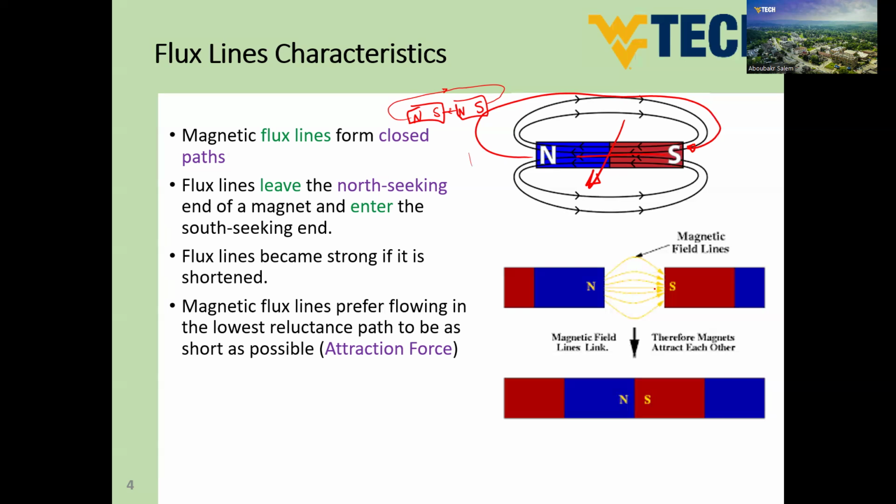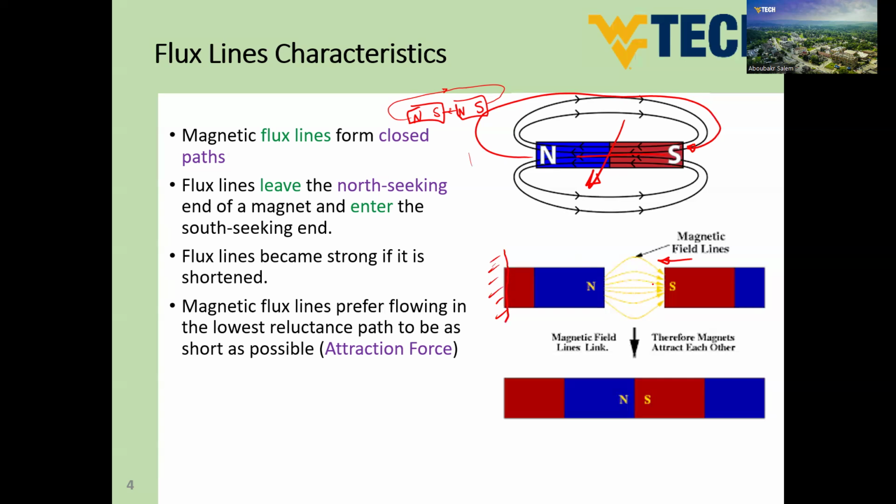This is one thing. Another thing, the magnetic flux line all of the time would like to reduce its path. And this means, guys, if you have one magnet fixed, which means it's not free to move, and the other magnet is free to move, this means this magnet will be attracted in this direction. Okay, guys, so this is another feature, or another phenomenon, that we can use from the magnets.